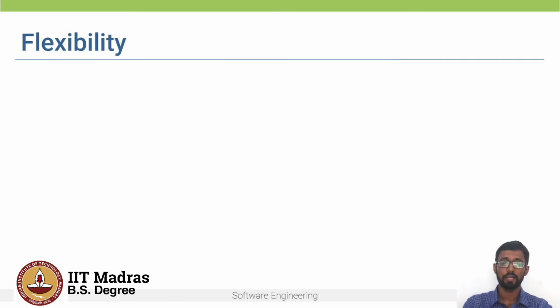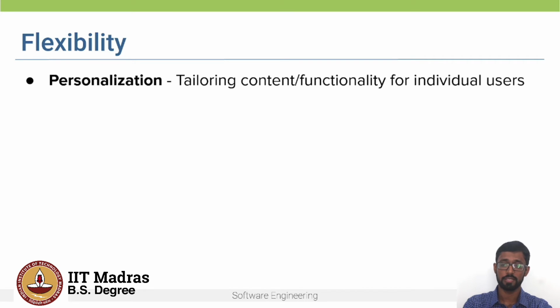Another aspect of flexibility is providing personalization. This refers to tailoring content and functionality for individual users. For example, social media apps. They provide posts and content based on your interests or your history.